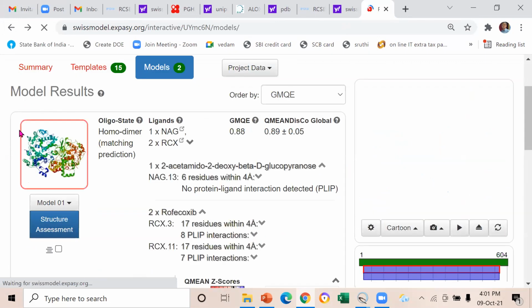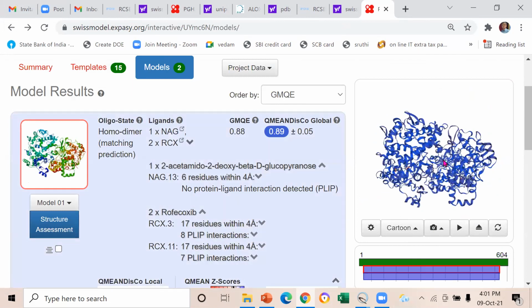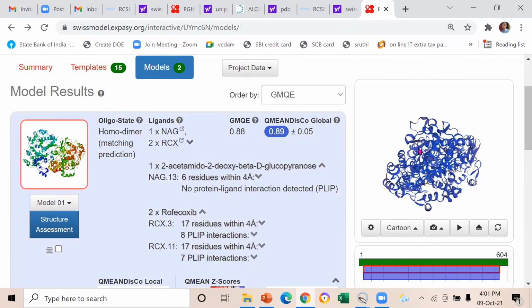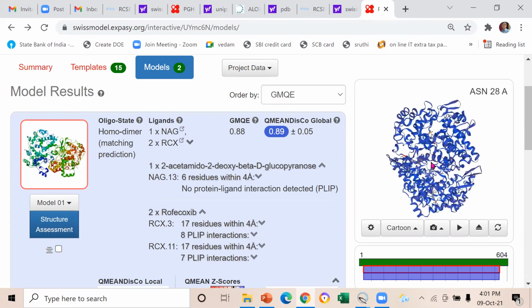Okay, so you now have modeled this protein. This is called the modeled protein using a template of human cyclooxygenase 2 bound with Vioxx drug, because that's what I selected for modeling.